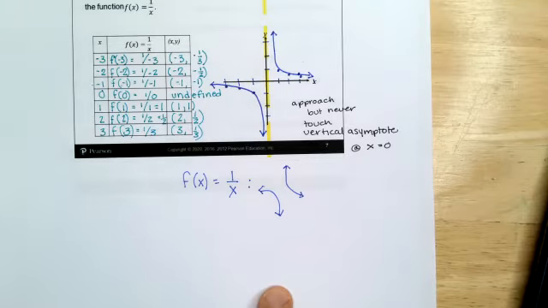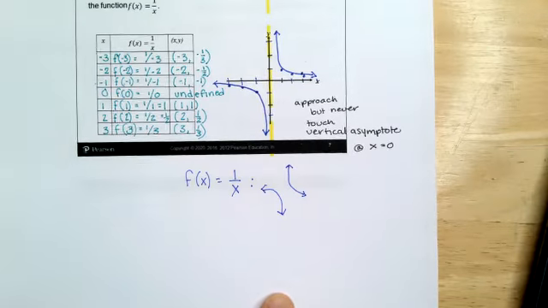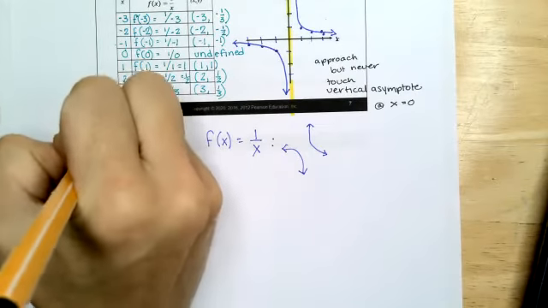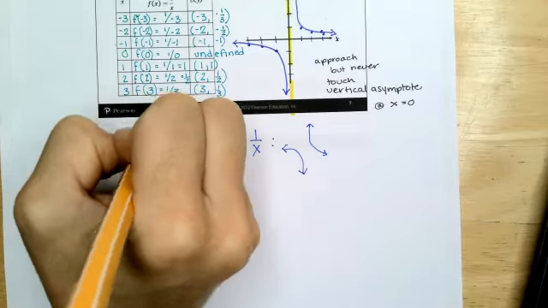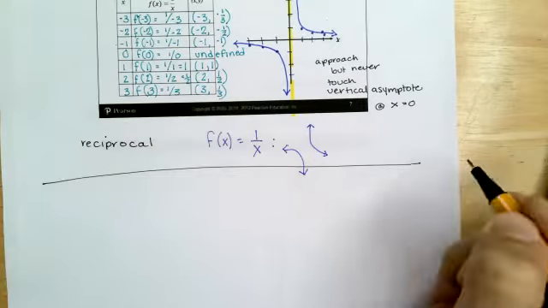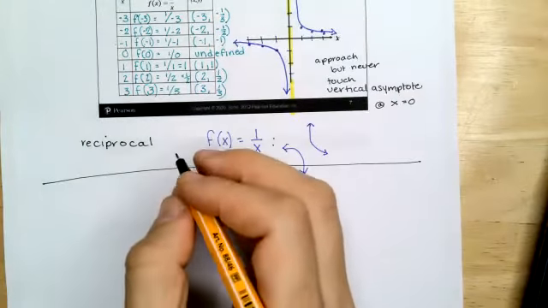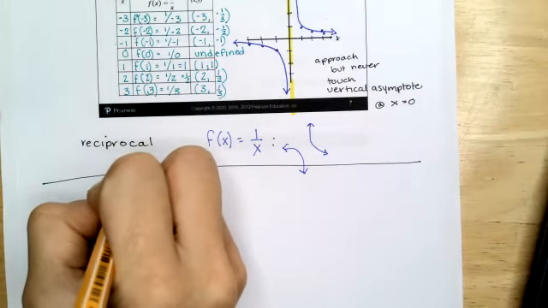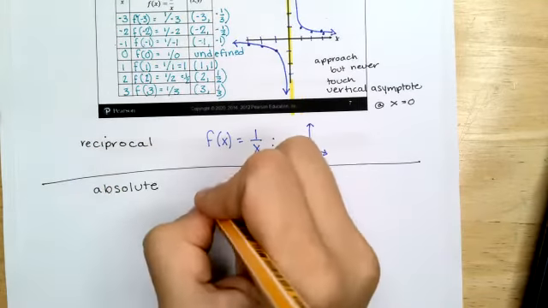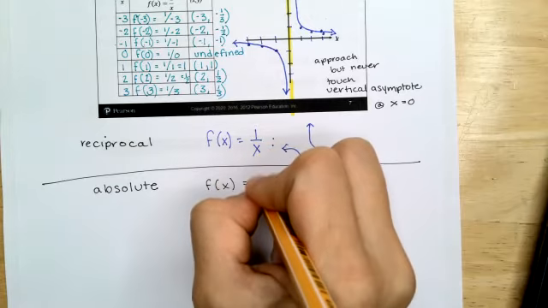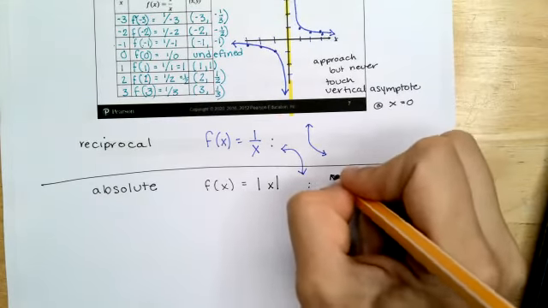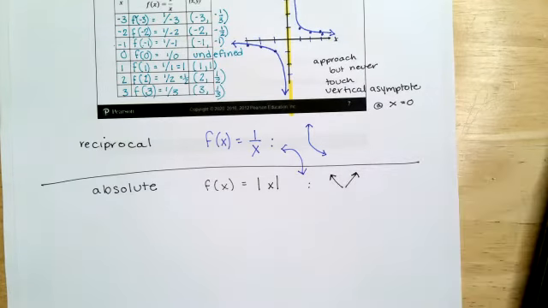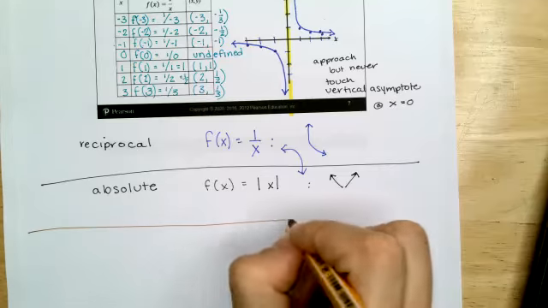All right, so we've got them all. We've got the reciprocal function, and make sure you label it. That's the reciprocal. We've got the absolute value, and note that the absolute value is always above the x-axis.